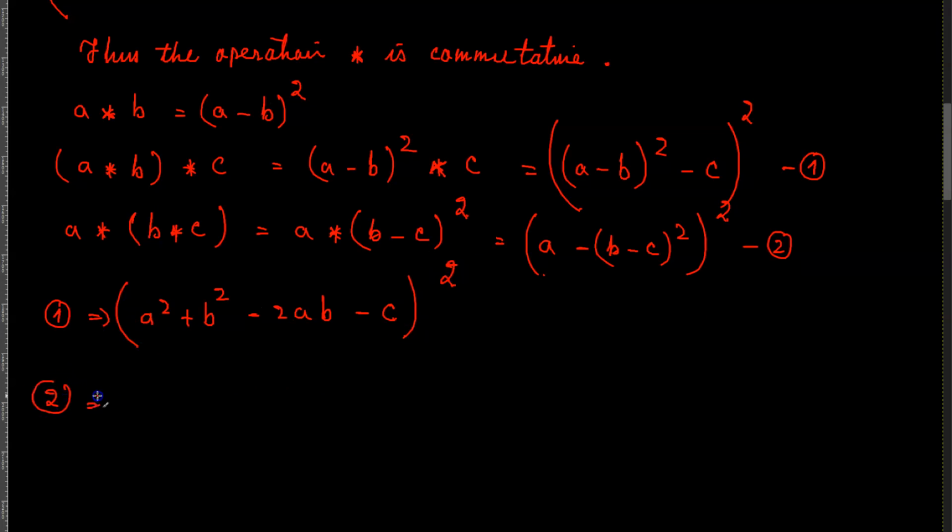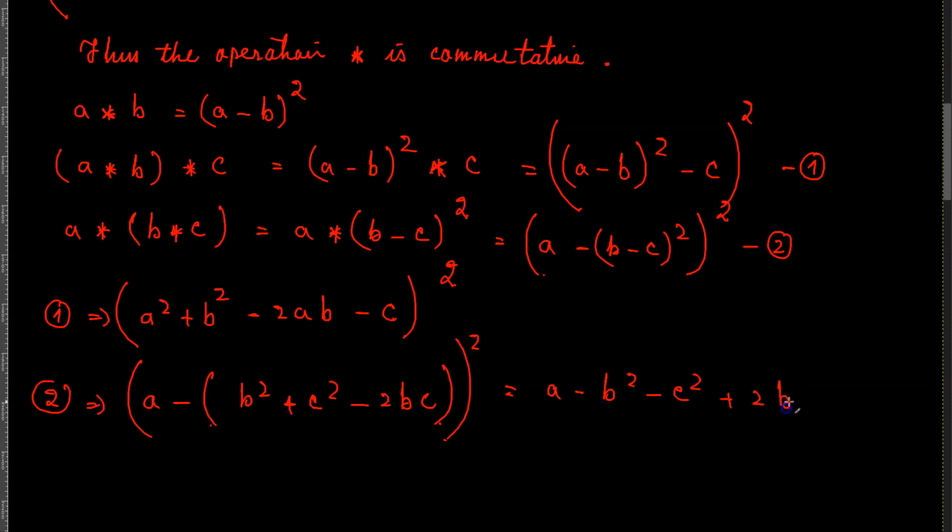And 2 is going to give you basically A minus B squared plus C squared minus 2 times BC, and raise the whole thing to the second power, which is the same thing as A minus B squared minus C squared plus 2 times BC to the second power. And of course you can see that these are not the same things, at least not for all the values that you could find for A, B and C.